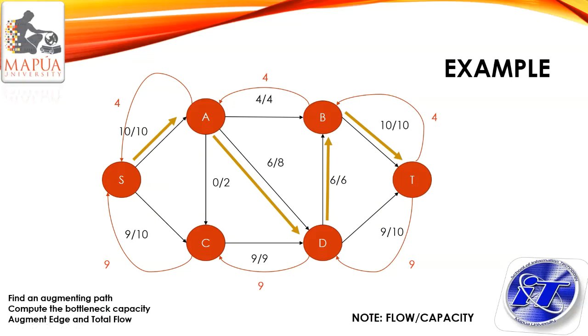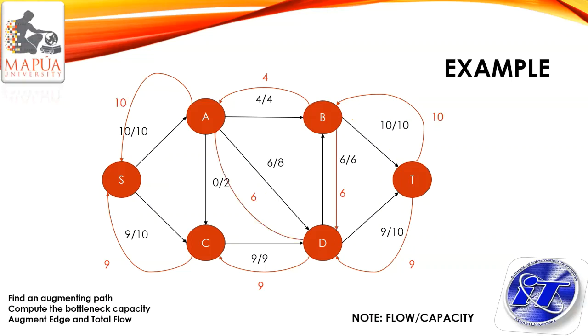Okay, so after augmenting the edges and total flow, next is to create the reverse edge, just to show the different capacity used. So it means everything is in order, everything is used.